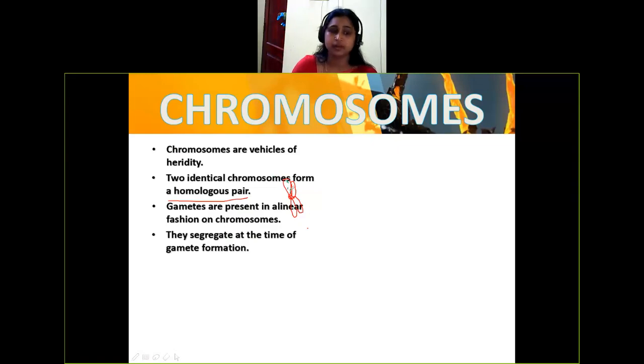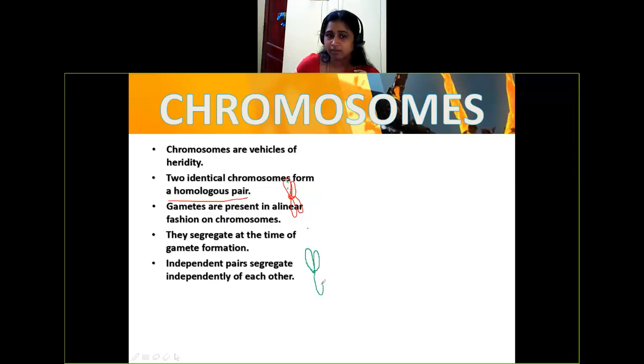They segregate at the time of gamete formation. That is, they're talking about the cell division, mitotic and meiotic. Independent pairs segregate independently of each other. When they talk about independent pairs in meiosis, they will be in a bivalent condition like this.